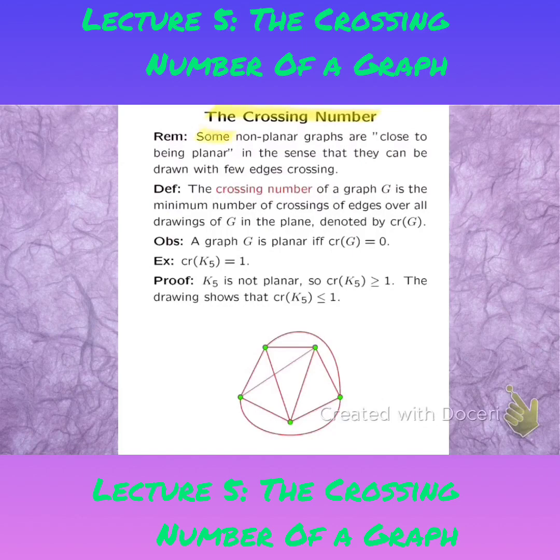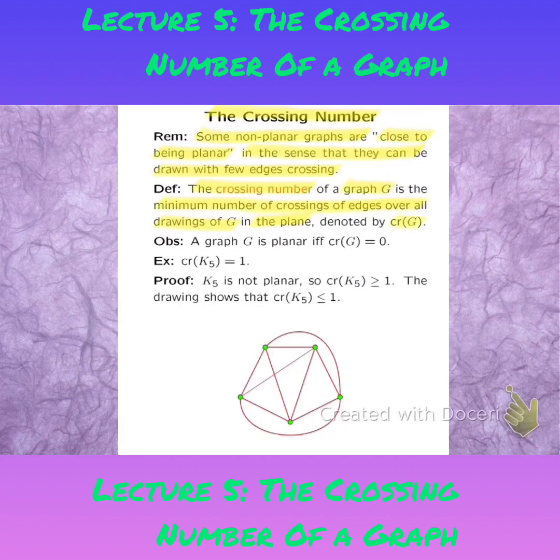So remember, some non-planar graphs are close to being planar. In other words, it's just a question of removing one or two edges and the graph is planar, in the sense that they can be drawn with a few edges crossing. So the definition of the crossing number, again, is the minimum number of crossings of edges over all the drawings of G in the plane.